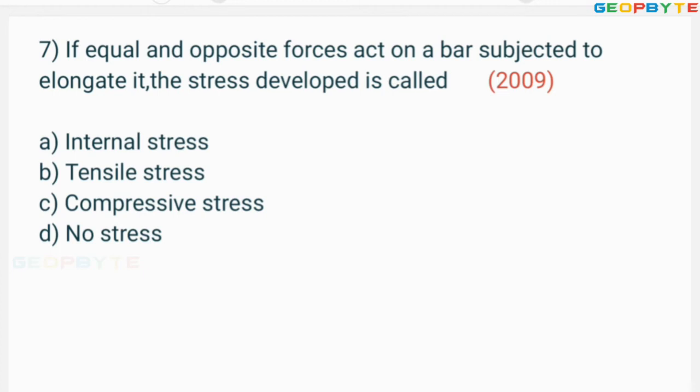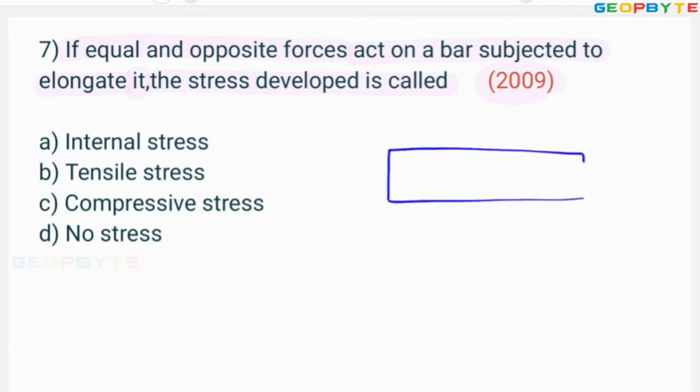Look at the seventh problem asked in 2009. If equal and opposite forces act on a bar subjected to elongate it, the stress developed is, the forces are acting on the bar like this.